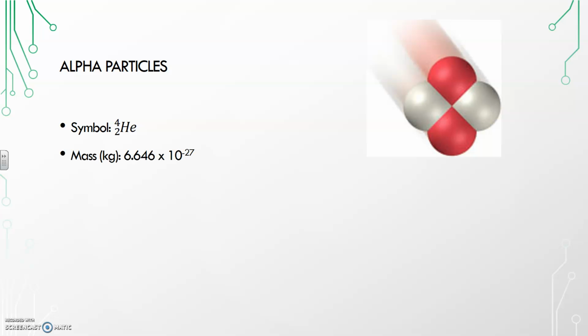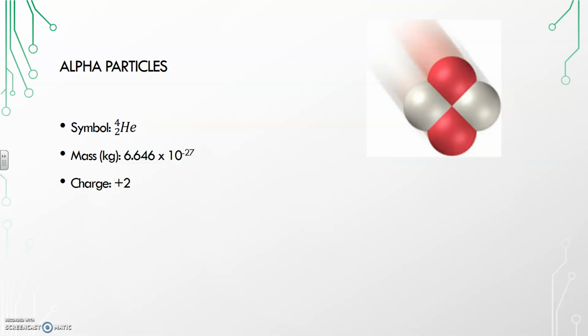It does have a mass in kilograms of 6.646 times 10 to the negative 27th. So it's a really tiny mass, but again, this is the largest out of the 4 types of radiation we're going to talk about. And so it actually has the most mass. So when this goes bouncing off of things, it can actually do some damage, just by its mass alone.